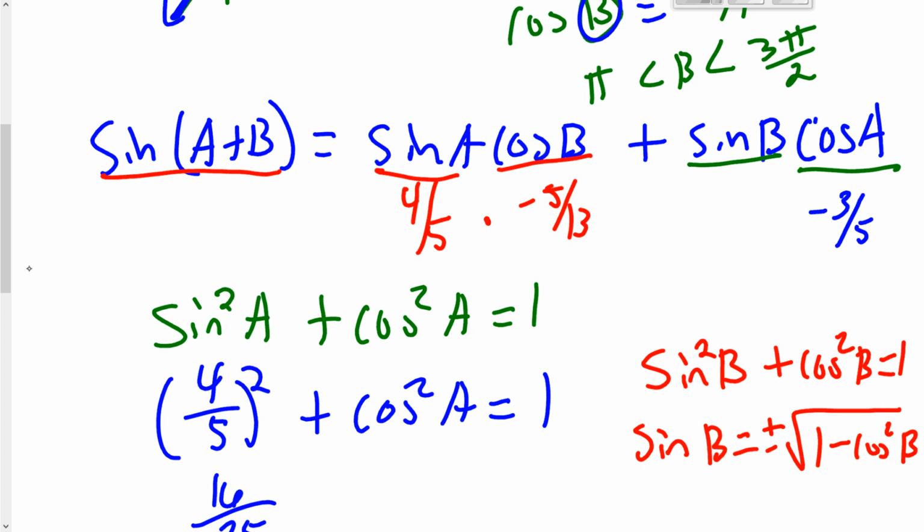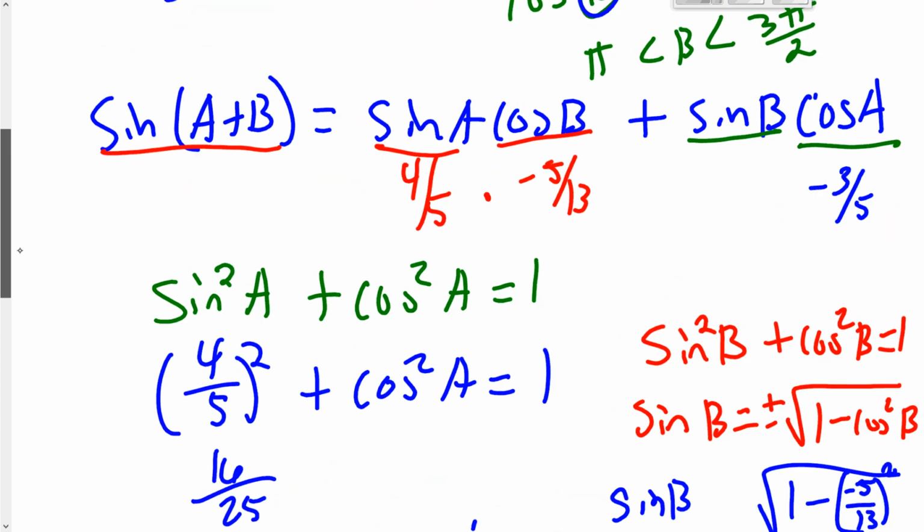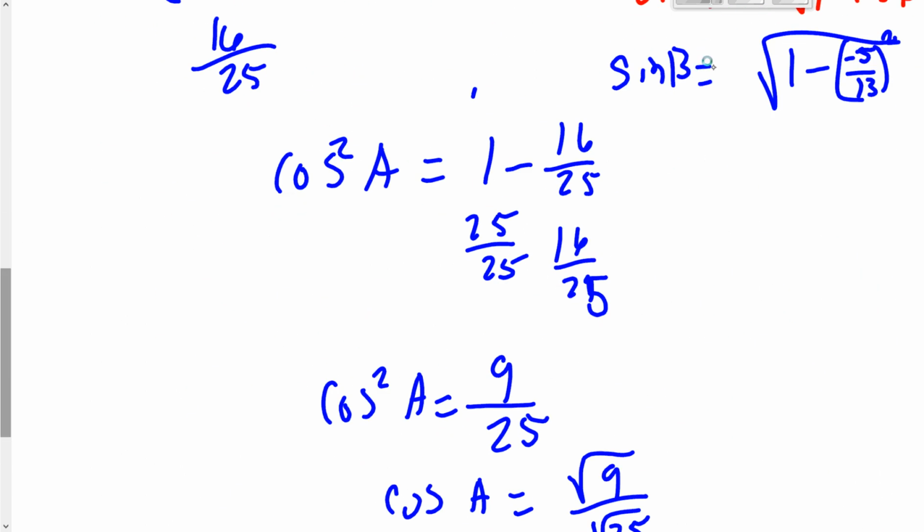Cosine of B is negative 5/13. We're going to square that, and then take 1 minus that, and then square root it. And B is in the third quadrant because we're between pi and 3/2 pi, so our answer is going to be negative.